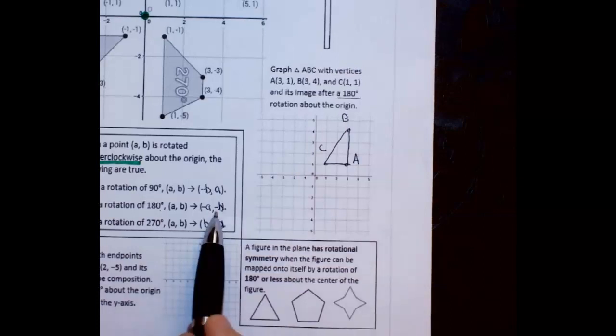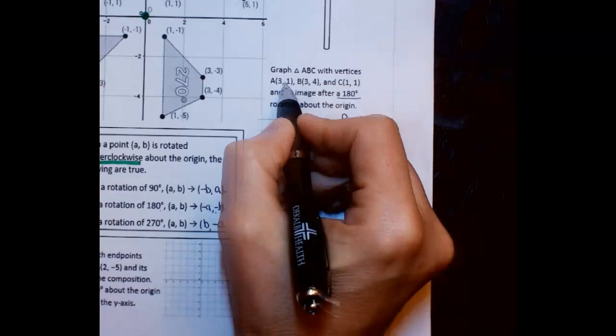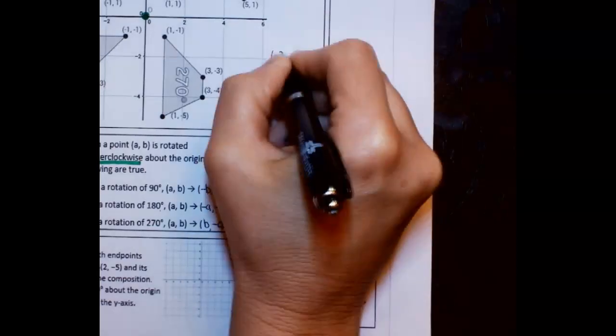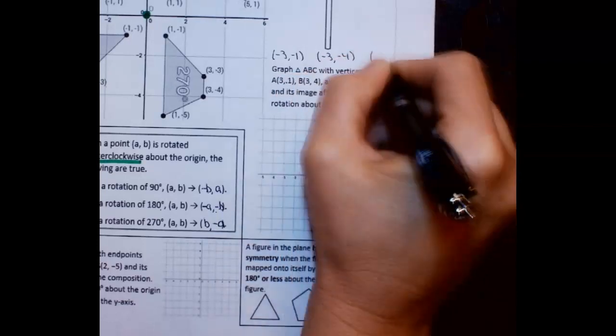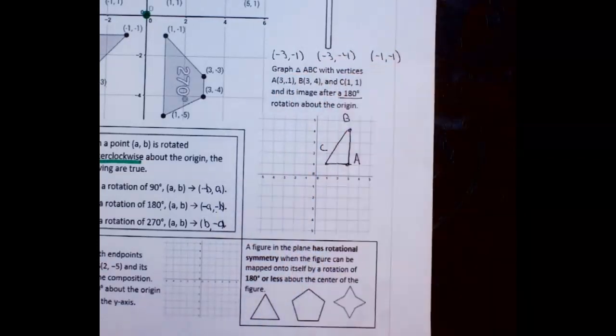So if you look at the rule, each one of those points, the X and Y coordinates stayed in the same location, but they flipped signs. So in other words, the point 3, 1 is going to become the point negative 3, negative 1. The point 3, 4 is negative 3, negative 4, and the point 1, 1 is negative 1, negative 1.